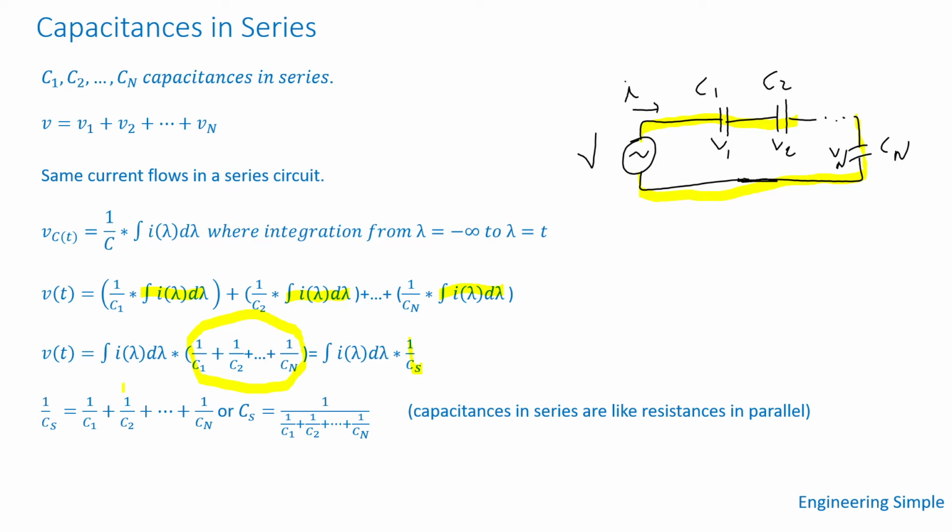So 1 over Cs is equal to 1 over C1 plus 1 over C2 plus dot dot dot plus 1 over Cn. In other words, Cs is just 1 over the entire quantity. If you notice, capacitances in series are like resistances in parallel.